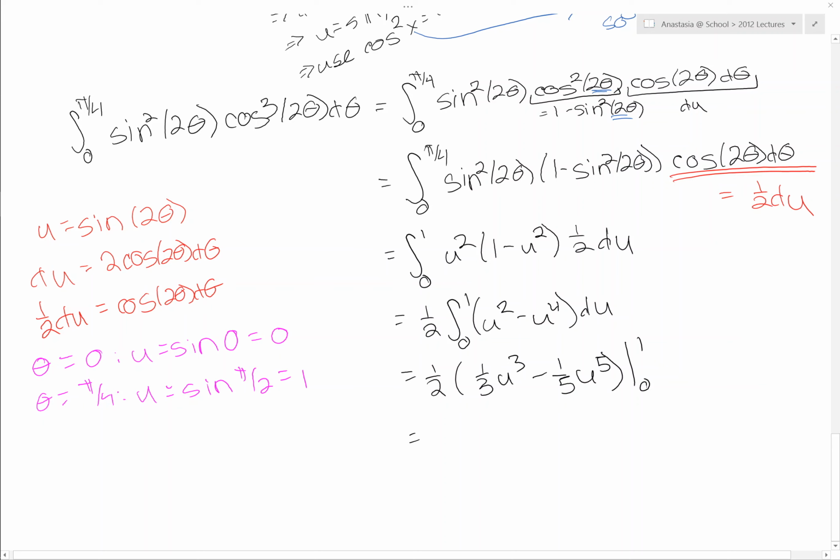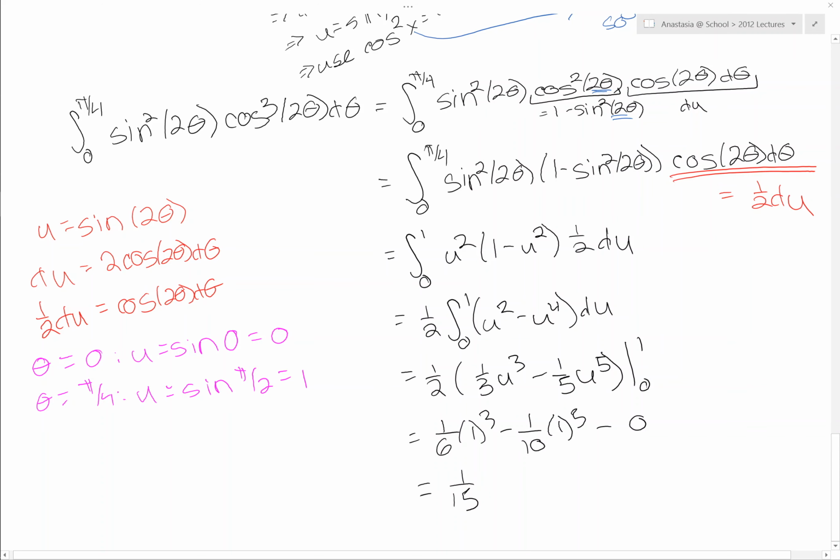Very easy to substitute in there. I'll go ahead and distribute my 1/2 so that we get 1/6 times 1 cubed minus 1/10 times 1 to the 5th. And then both of our lower terms go to 0. So we end up with 1/6 minus 1/10, which is the same thing as 1/15.